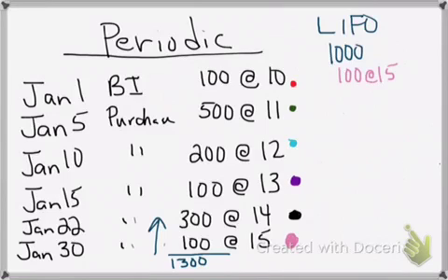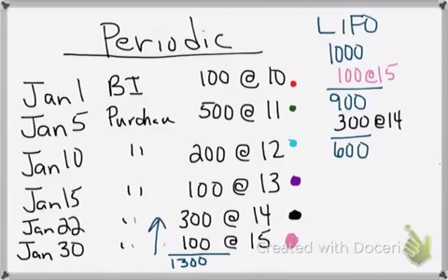Then what we would do, we have 900 more to sell, and so we're going to go to those in black, which would be 300 at 14, and that leaves us 600 to sell.